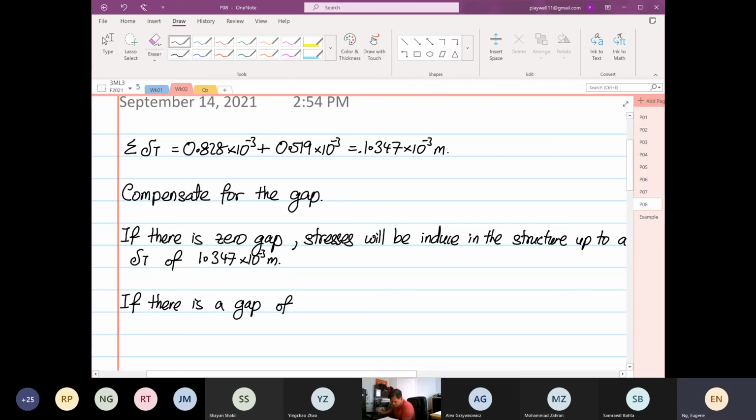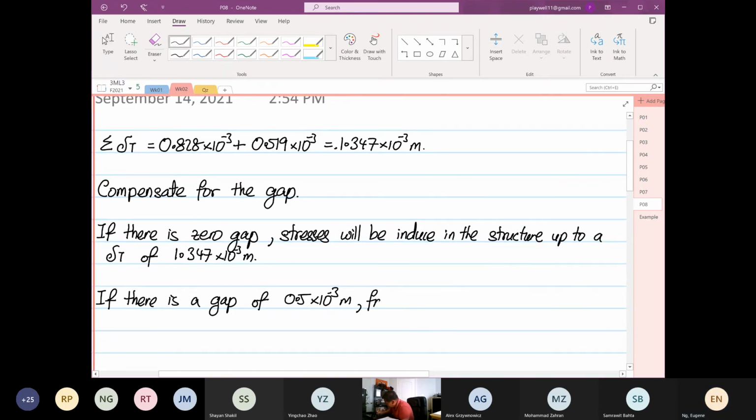of 0.5 millimeters, or times 10 to the power minus 3 meter, okay, from 0 to 0.5, if there's a gap of 0.5 times 10 to the power minus 3 meter, okay, down to 0, right, no stresses will be generated.